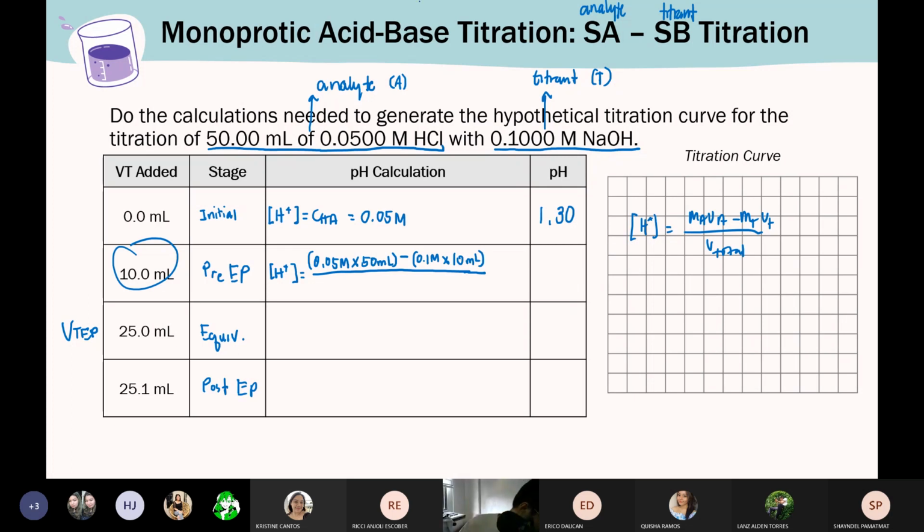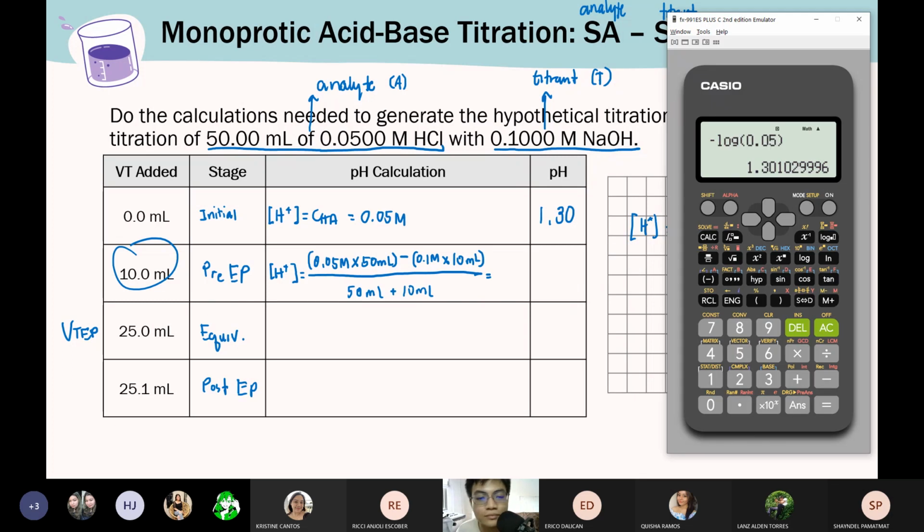Anyway, how about the volume total? For the volume total, all you have to do is just add the volumes of your titrant and your analyte. So bali, 50 ml plus 10 ml lang yan.